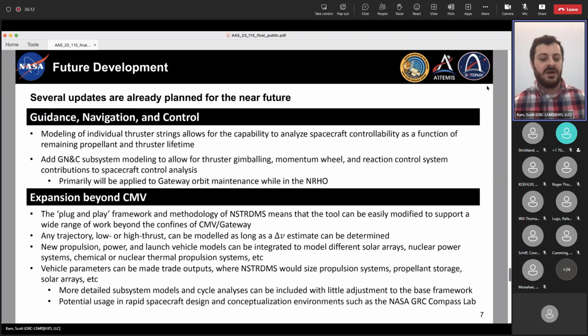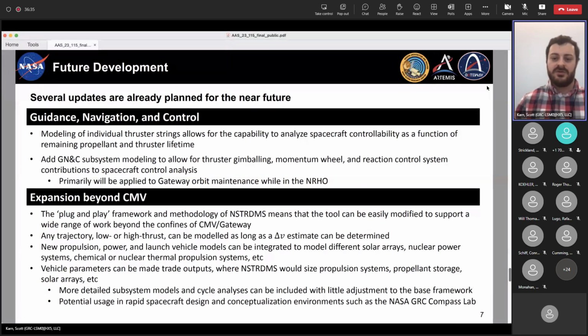This has been used once in one of those cases at the Compass Lab at NASA Glenn. We have a rapid mission analysis group here that runs different studies for different customers. I used NSTRDMS to support an analysis of a different cislunar mission, where it was a spiral into LLO from a translunar injection.